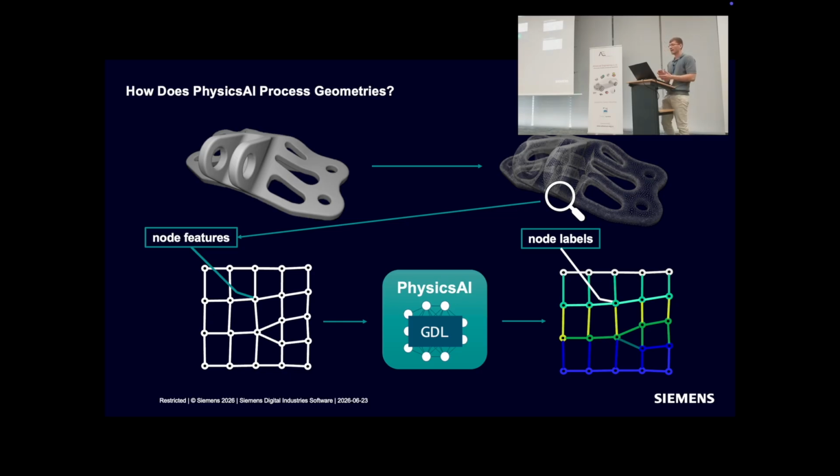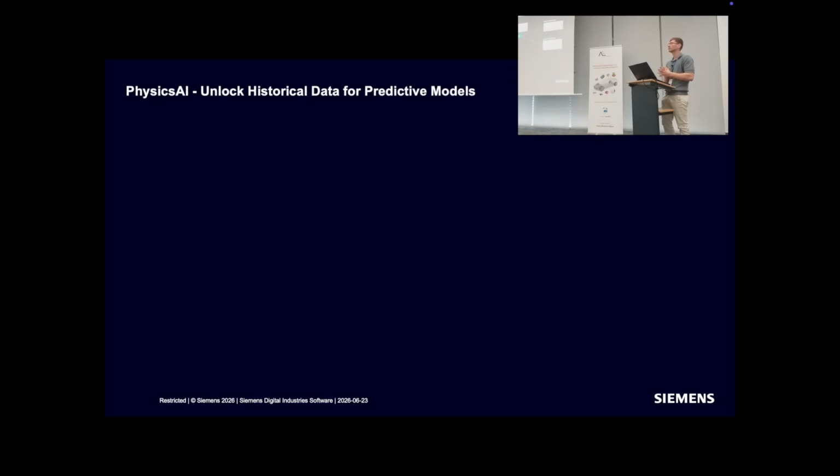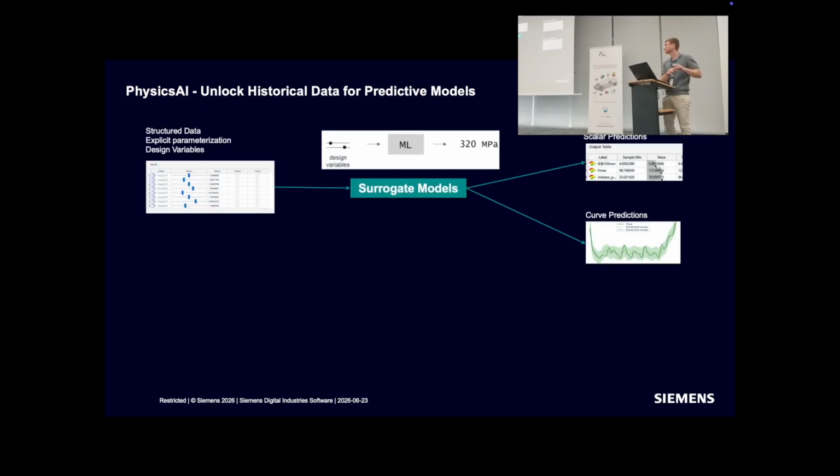Physics AI has enabled us to unlock historical data that are, for now, just sitting aside, and we can't utilize them in order to get insights from them. What we could do for now is to have parameterized data in order to train surrogate models, to utilize surrogate models in order to predict scalar values and curve values.